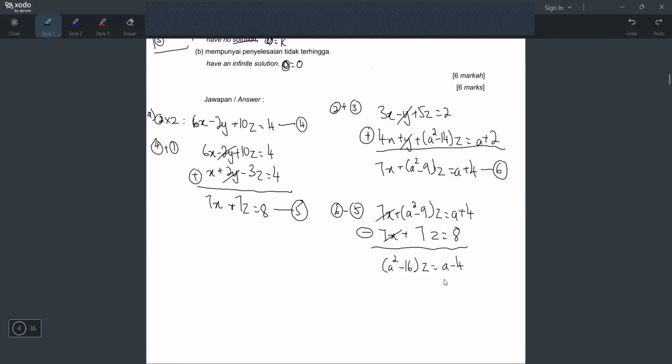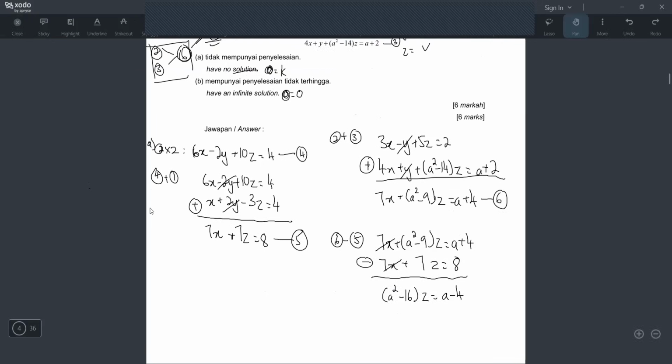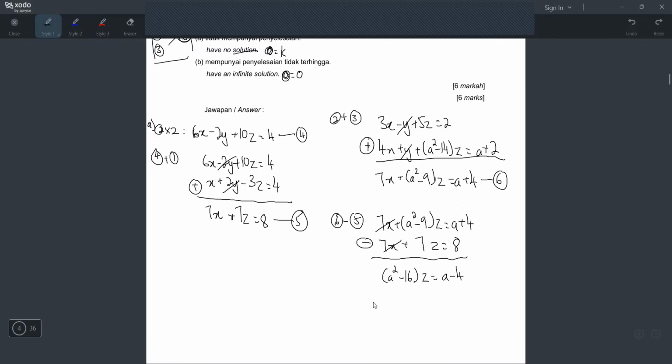And this equation is important because now I have to make sure the left side is 0, right? Because I already mentioned, if you want this question to have no answer, the left side must be 0. So what I will do now is I will take a square minus 16 equals 0, right? Because when this thing equals 0, then 0 times z will be 0. This whole thing will be 0.